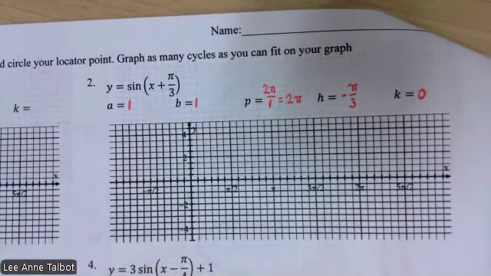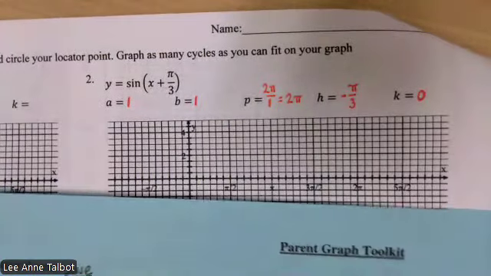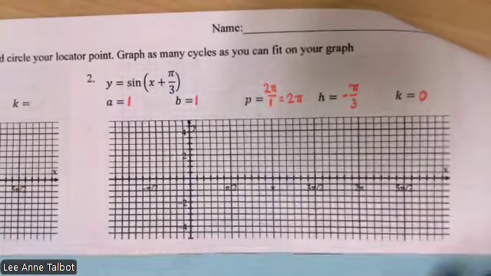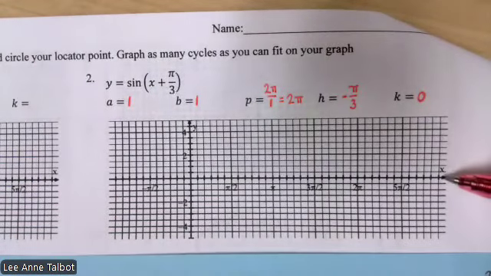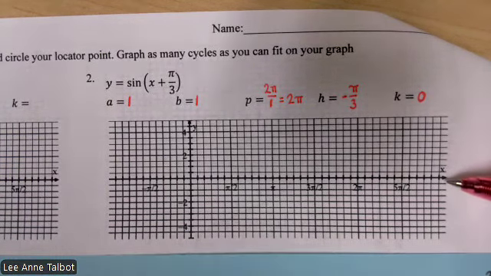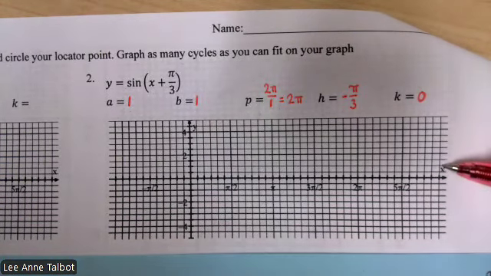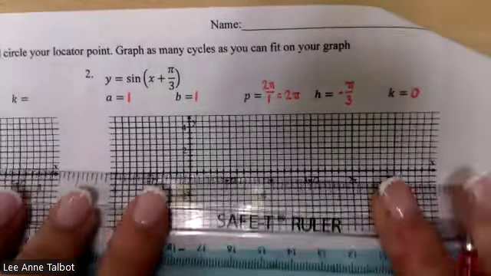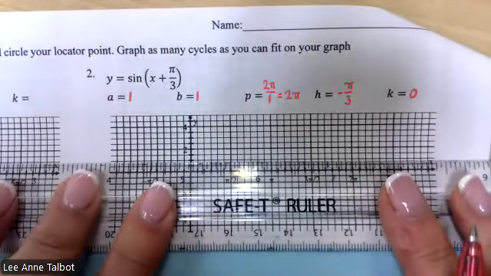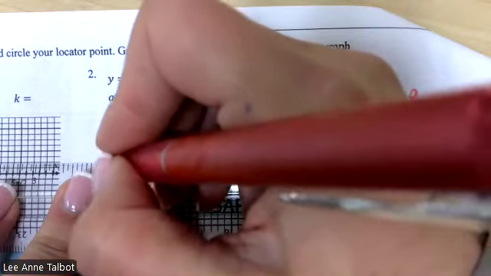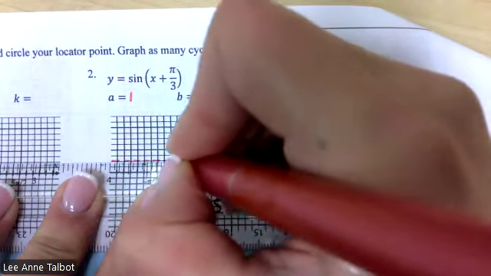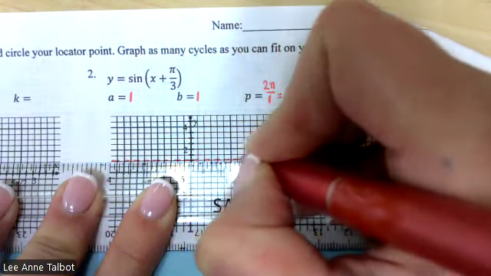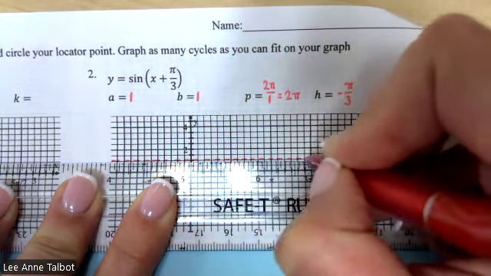Okay, now what I'm going to do is grab my toolkit here. I'm going to start with K being 0. That's the x-axis. I don't need to draw a midline in. That's good. My amplitude is 1. And can you guys tell that that's 2 boxes on this graph paper? Okay. So 1 is here. The good news is I think that this graph paper is all the same on this page, which means that the number of boxes is the same for everything.